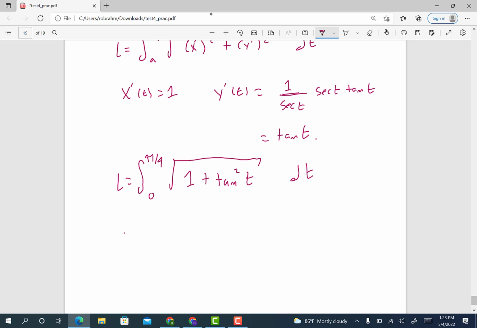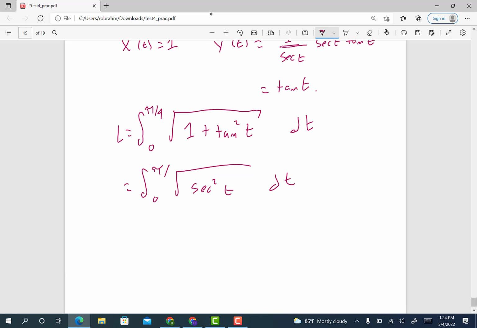So this, let me do this in 2 steps, is the integral 0 to pi over 4 of the square root of secant squared t dt, and this is just the integral from 0 to pi over 4 of secant t dt.